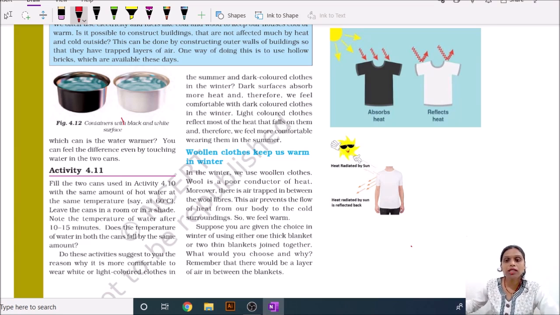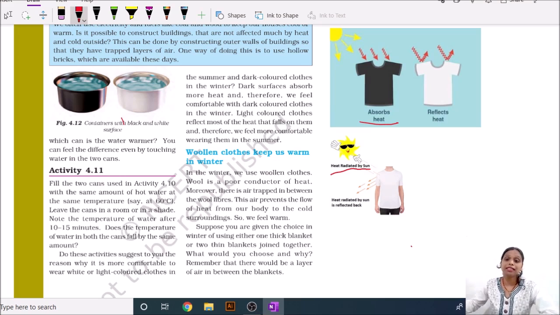Because the radiation that comes from the sun is absorbed by black colors, and that's why we prefer black color dress in winter season, whereas when the heat from the sun's radiation falls on a light color, it is reflected, and that's why we prefer light color clothes in summer season.